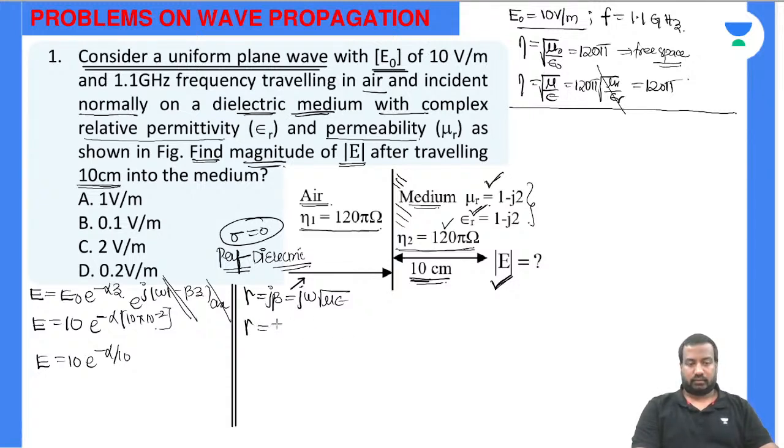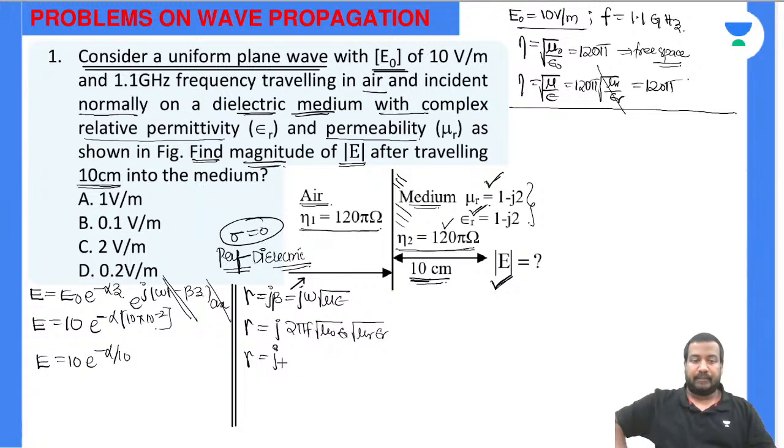Gamma is j omega, where omega is 2 pi f, times under root of mu naught epsilon naught times under root of mu r epsilon r. Gamma is j times 2 pi, where frequency f is 1.1 gigahertz, 1.1 into 10 power 9.